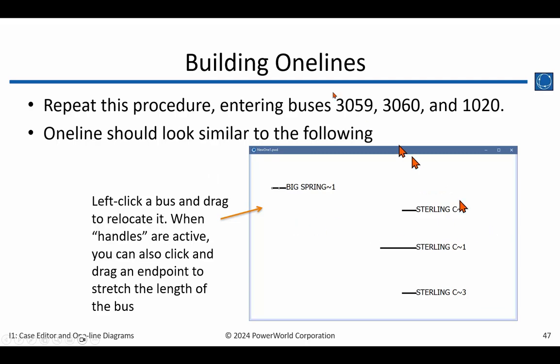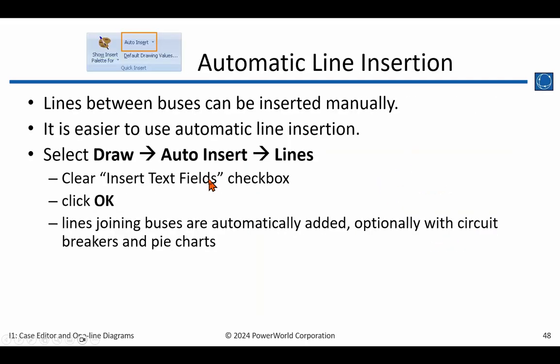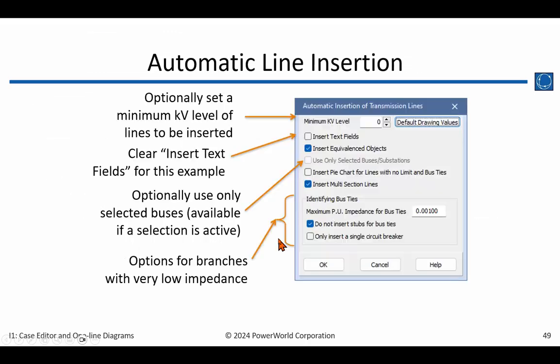So this slide just explains what we just did with buses, and the next one with the automatic insertion of the transmission lines. And we automatically join the buses that were already added. There's an option to include breakers and pie charts, which we did leave checked.